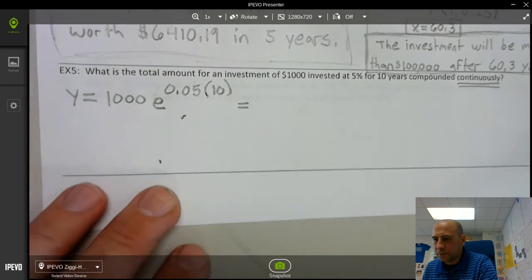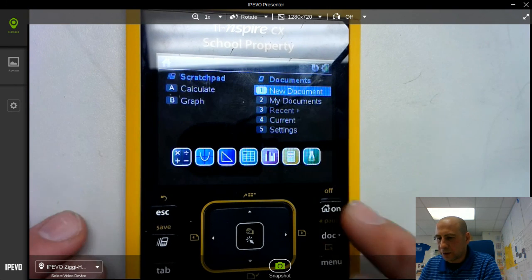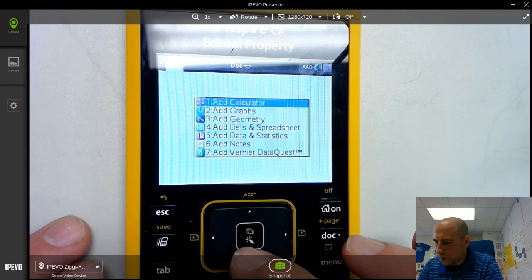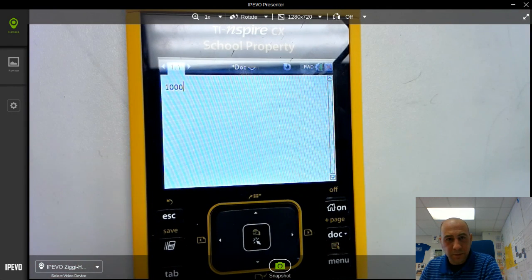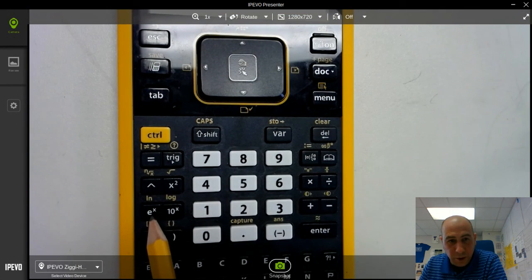All right, so let's go ahead and put that in the calculator. Okay, so go to New Documents, No, Add Calculator. So you put 1,000. Now the E key is right here, and so all you have to do is press that button right there.